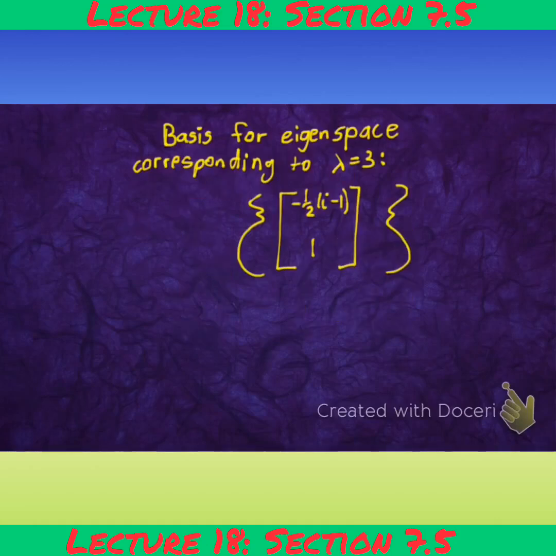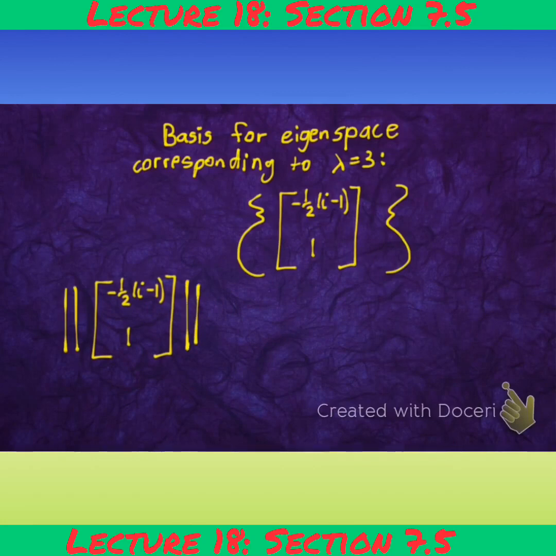For the basis of the eigenspace corresponding to lambda equals 3, we need to find the norm. We need to find the norm of what vector? We need to find the norm of this vector here. That is going to be the square root of the dot product of the vector with itself.